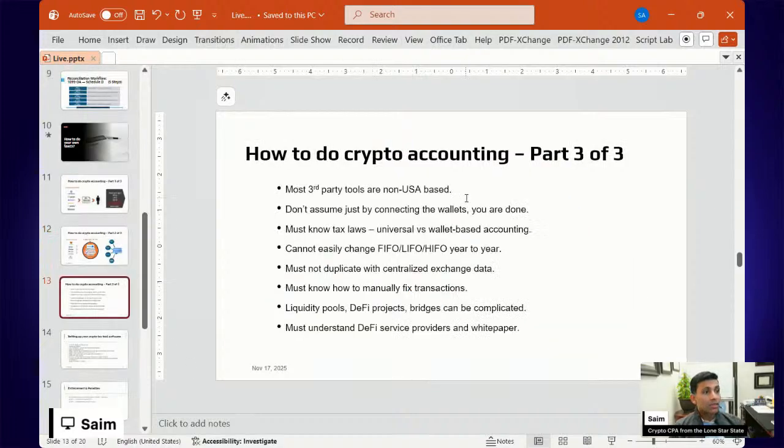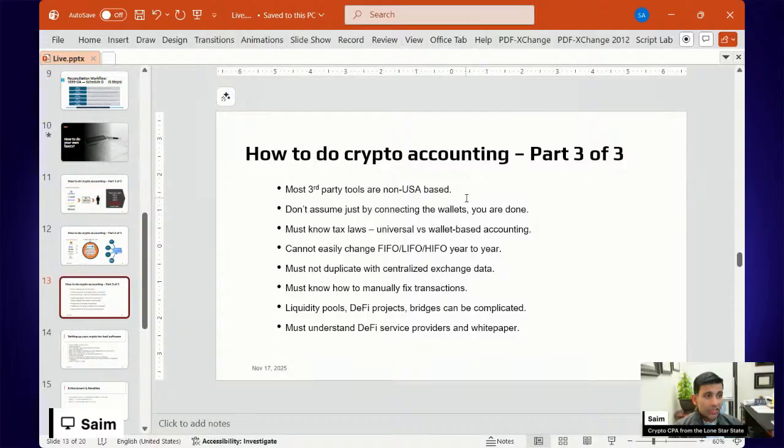All right. So remember, most crypto tax tools are non-US based. Don't assume just by connecting all your wallets that it's going to spit out a tax report and that tax report is going to be it. You must know the laws, right? The taxable events and the non-taxable events.